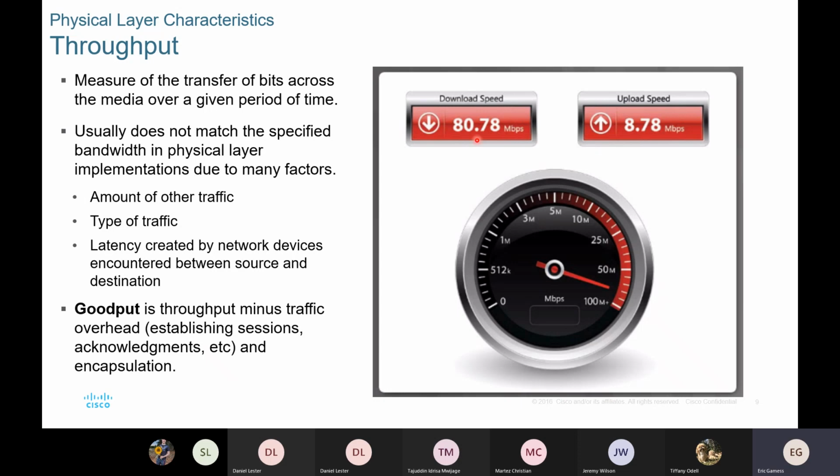The download speed is much higher than the upload speed, because what you do at home generally is download information. You really upload very little information, which means that most of the traffic goes from the internet to your house, and very little traffic goes from your house to the internet. It's why we prefer to give a higher bandwidth to the download and a lower bandwidth to the upload.